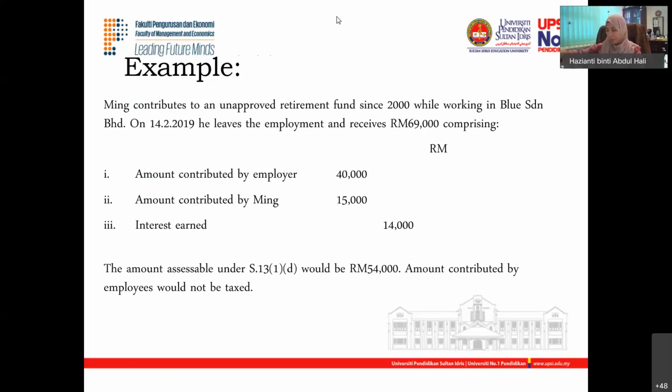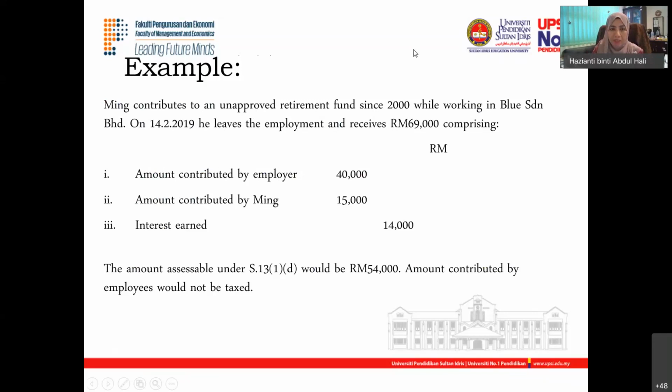Alright, so what you have here is Ming, he contributes to an approved retirement fund since 2000 while working in Blue Sendirian Berhad. On 14 Feb 2019, he left the employment and received 69,000, comprising amount contributed by employer 40,000, amount contributed by Ming 15,000, and interest earned 14,000. So the amount assessable under section 13(1)D would be 54,000. So amount contributed by the employees will not be taxed.